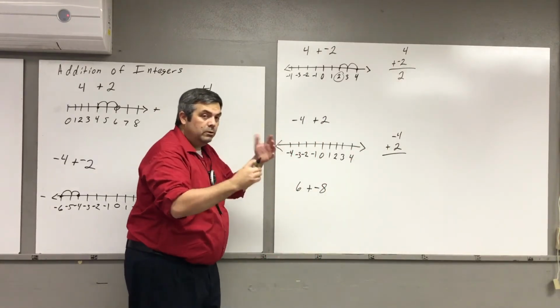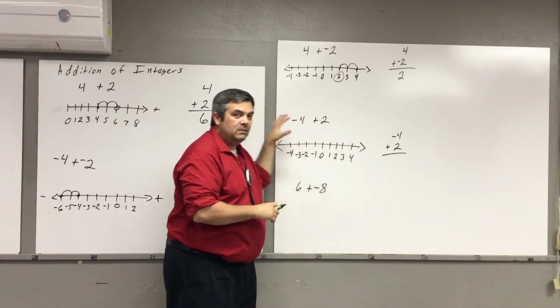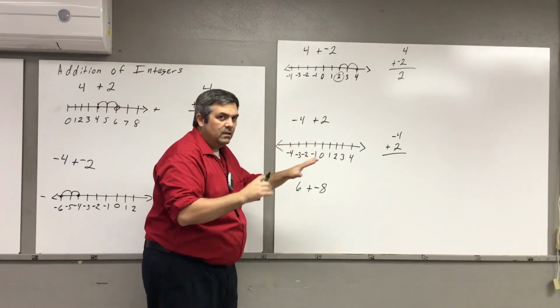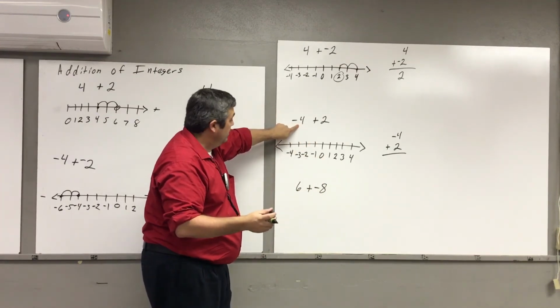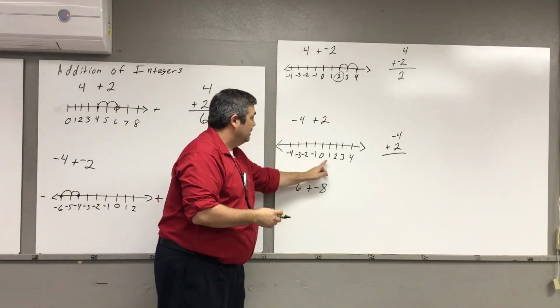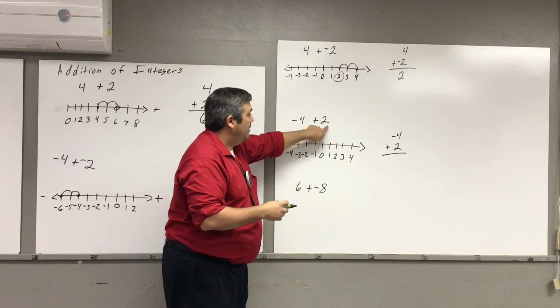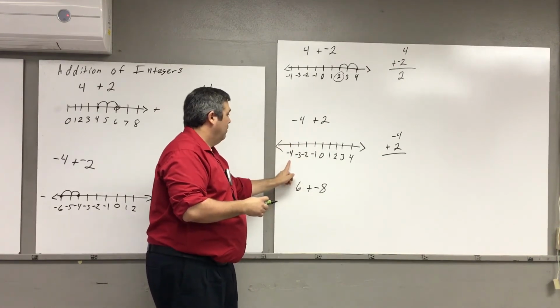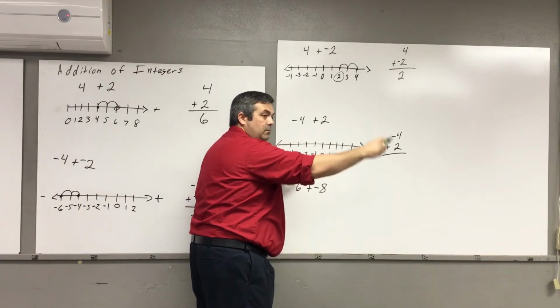Well, we're going to do a couple more of these. So I'm going to come down here, negative 4 plus 2, and I kept these numbers simple so that we could understand the concept. Okay, negative 4, we're going to start at the negative 4 on the number line. Again, that's at the left. Okay, plus a positive 2. Well, negative 4 plus 2, because it's positive, we're going to go back to the right.